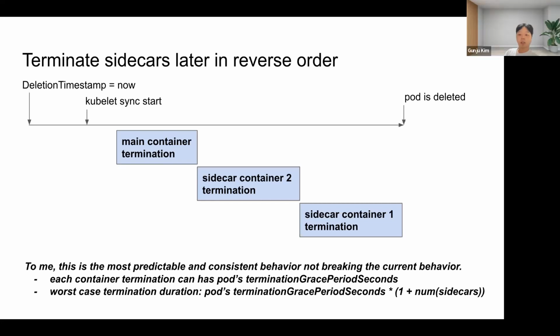But if we decide to terminate the container from the deletion timestamp, then it will be a breaking change for the users. Before, we would get 35 seconds of termination grace period if the kubelet is delayed for some reason.